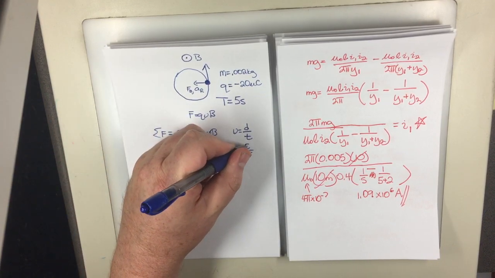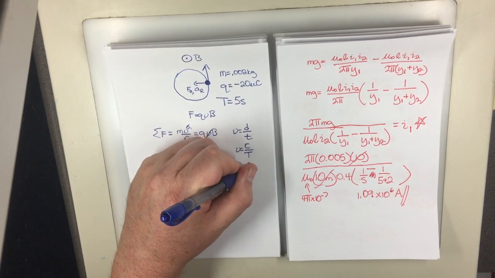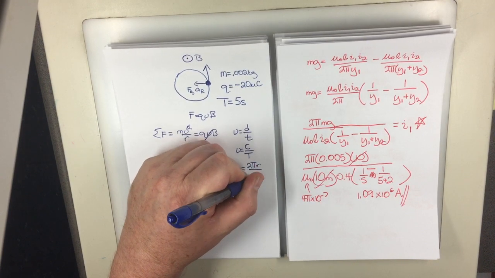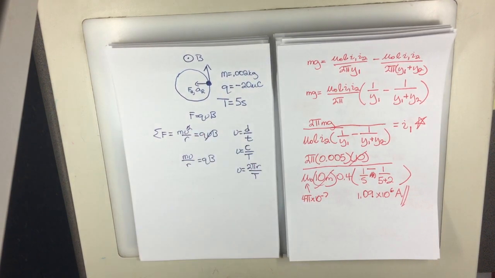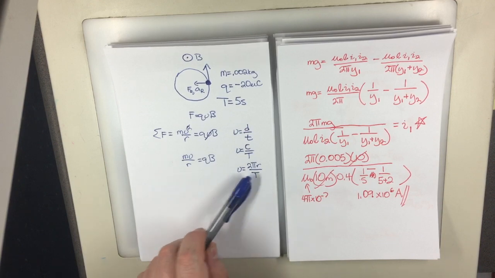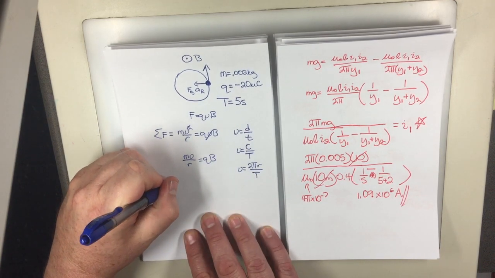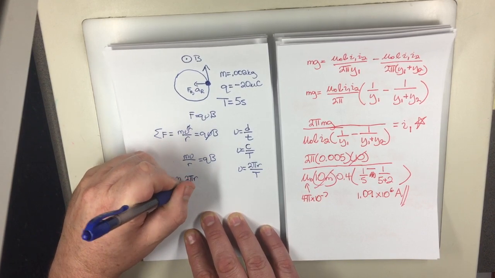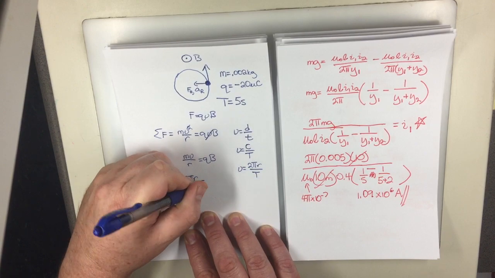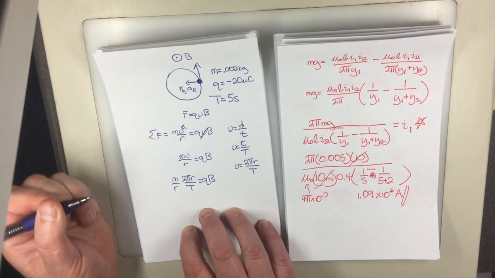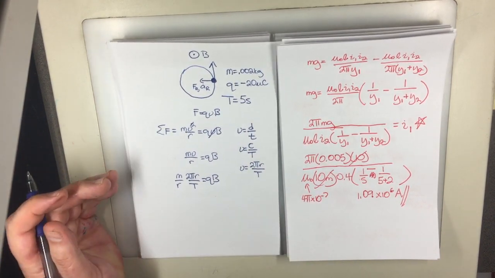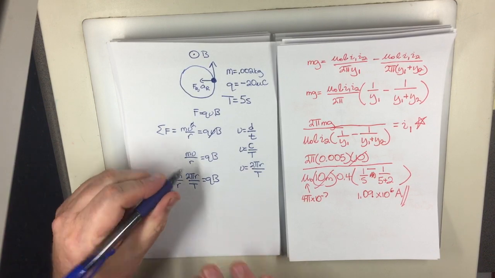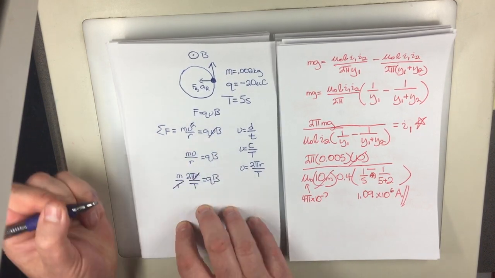So the velocity is the circumference 2 pi r divided by the period. That goes in there. So m over r, 2 pi r over period is equal to QB. And then my r's cancel.